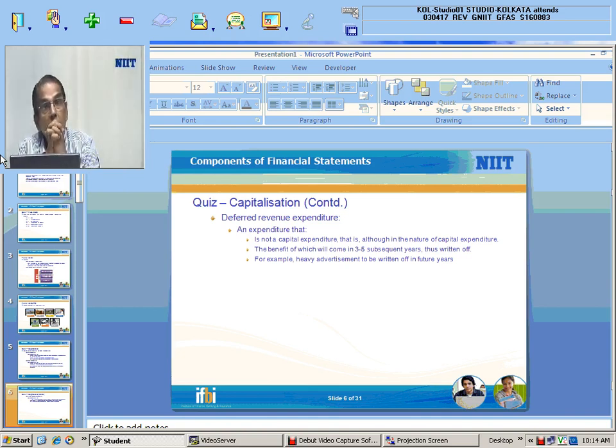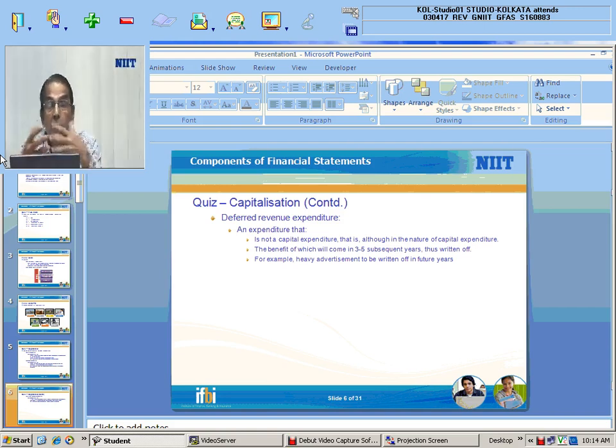Nothing more than that. So some expenditures are incurred where the advantage or benefit from the expenditure will last for a limited period of time. If it lasts for a limited period of time, less than 1 year, we call it a revenue expenditure. Say a company is buying plant and machinery.